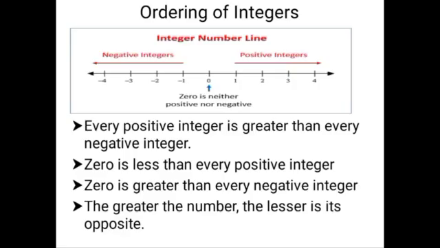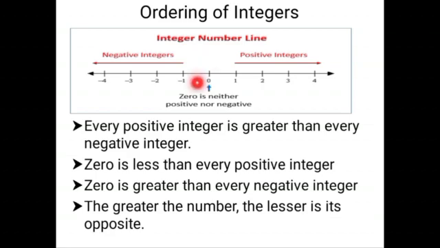Ordering of integers. Every positive integer is greater than every negative integer. Whenever the numbers are on the right side, they are greater than the left side numbers, right? So we can conclude that every positive integer is greater than every negative number.